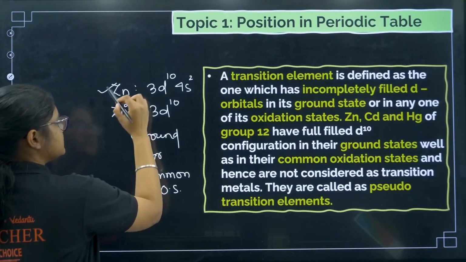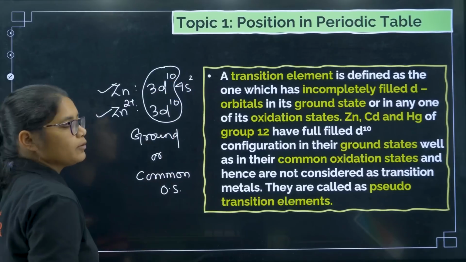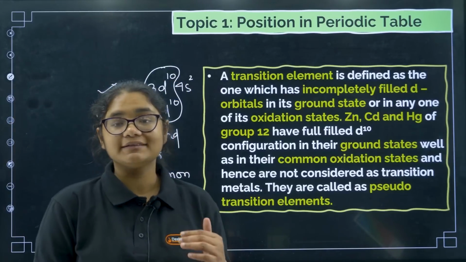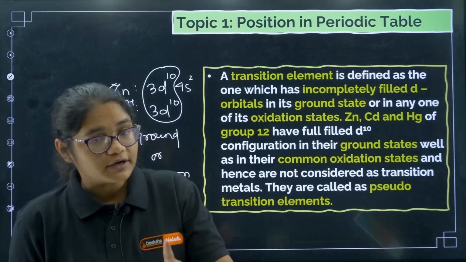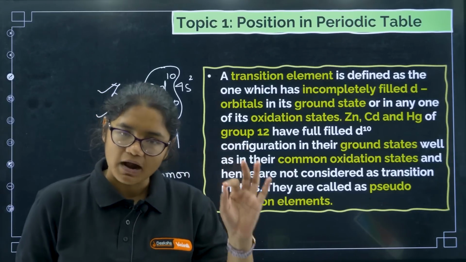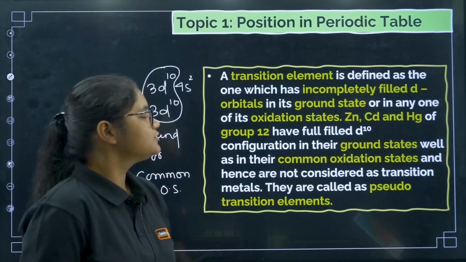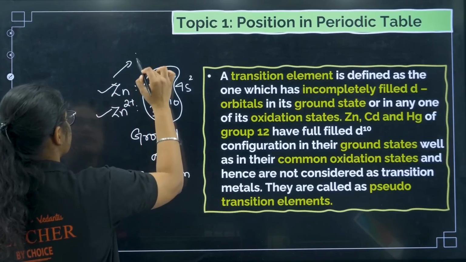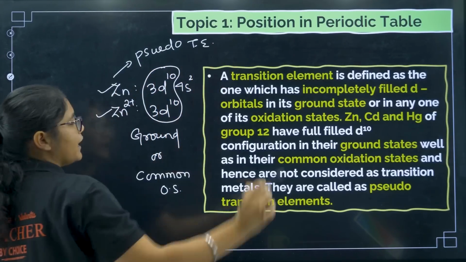So in the ground state and in the common oxidation state, it has completely filled d orbitals. That's why I can say that zinc is not a transition element. Is it also not a d block element? No, it is a part of the d block, but it is not a transition element. Generally such elements are called pseudo transition elements. I hope this is clear.